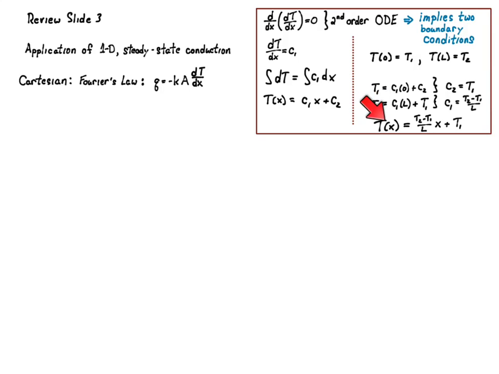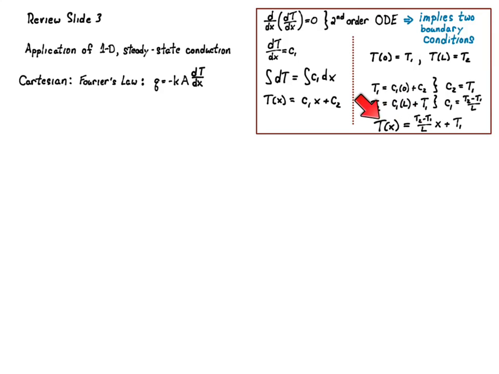And we get temperature as a function of x. Here we're going to have a constant slope, so again, it's the equation of a straight line, just like y equals mx plus b. In this case, the slope is given by the change in the endpoint temperatures divided by the thickness of whatever material we're going through.